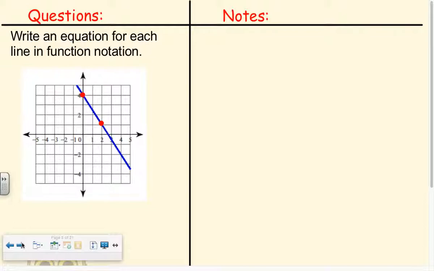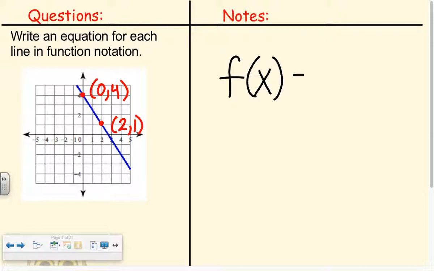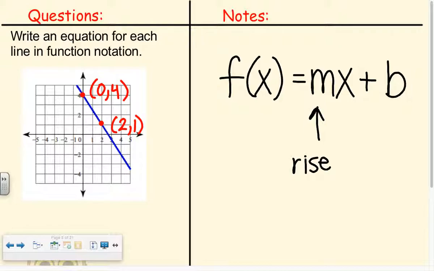All right. This time we have 0, 4, and 2, 1. Where m is our rise over run, and b is our y-intercept. Start at the point furthest to the left, which is right here.